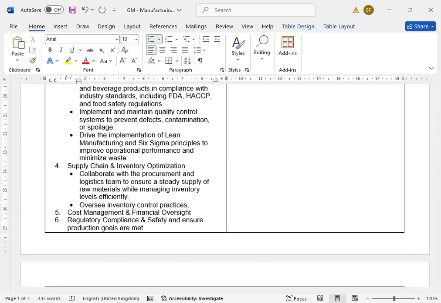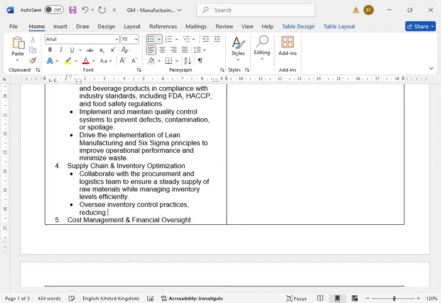Reducing waste, like spillages. Spillages are a problem, as is rejection of materials. That will also add unnecessary cost. It will be charged either to the warehouse or to manufacturing, if the spillages happen in the warehouse because of mishandling, because the forklift operators were not trained properly.